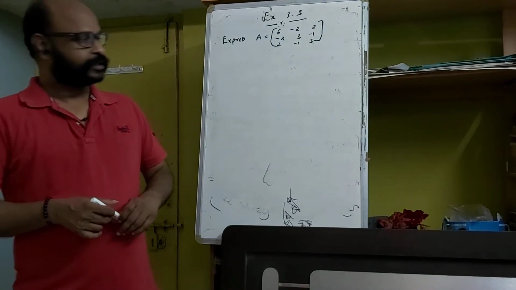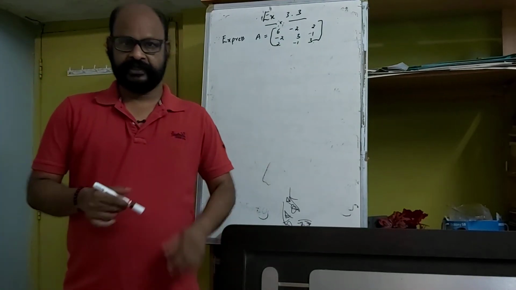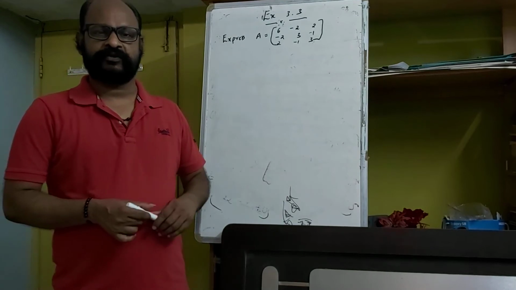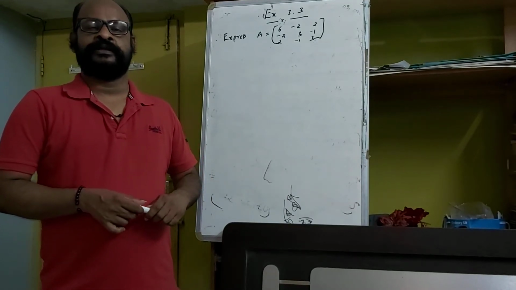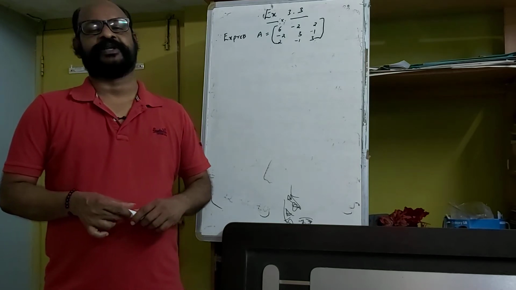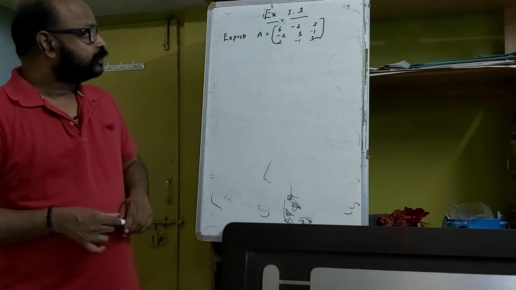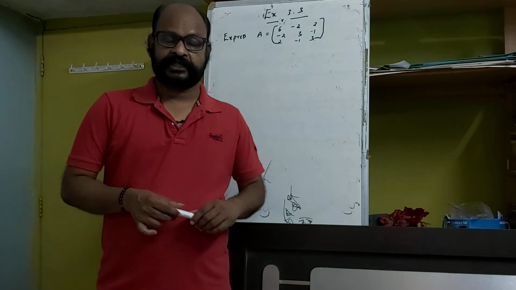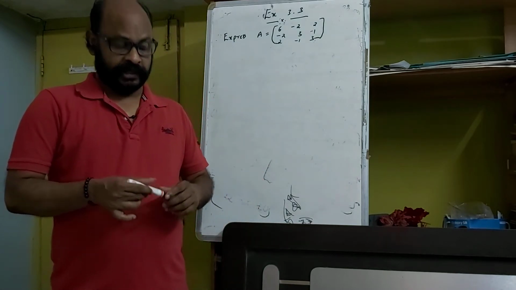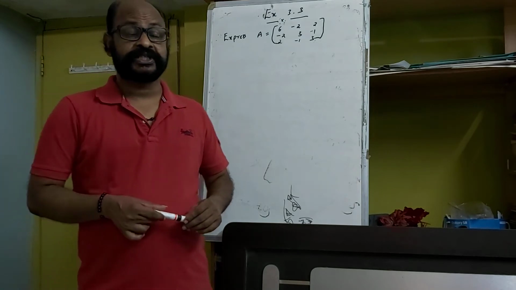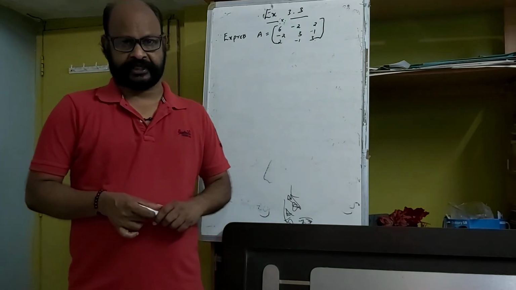Okay, students, last class we discussed the conversion of a square matrix into the sum of a symmetric and skew symmetric matrix. We discussed how to express a square matrix as the sum of a symmetric and a skew symmetric matrix.